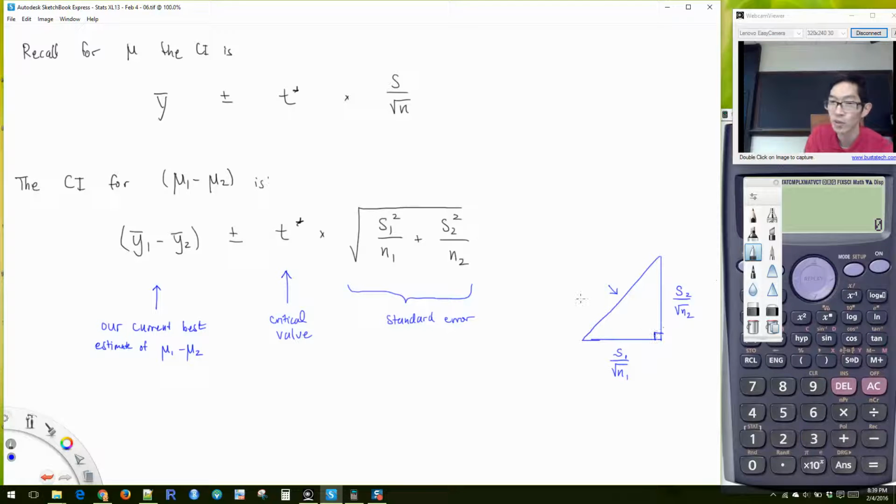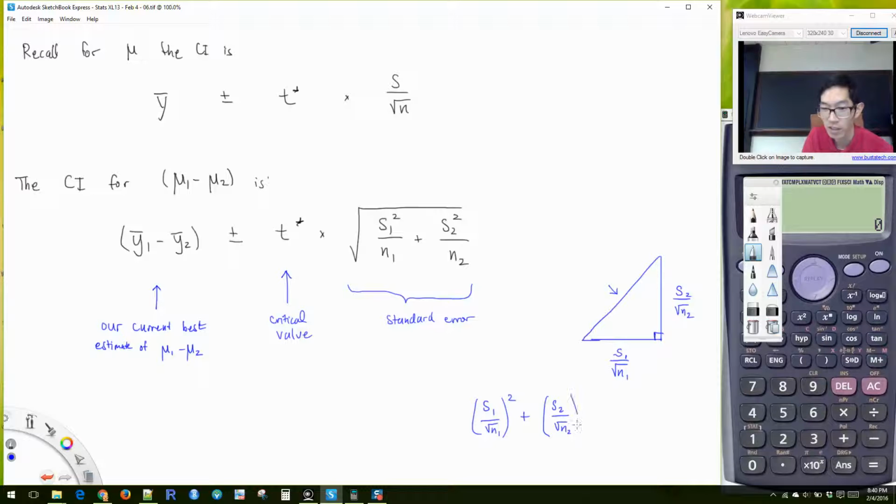Okay, so we would have a squared plus b squared equals c squared, right? So I would do s1 over the square root of n1 squared. Basically, this is to get the variance. I'm adding up the variances, not the standard deviations.